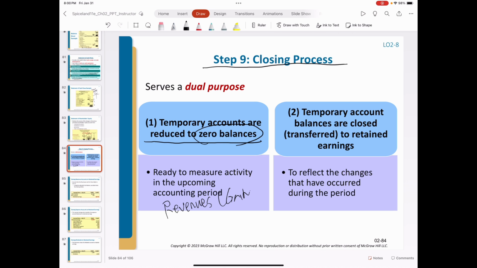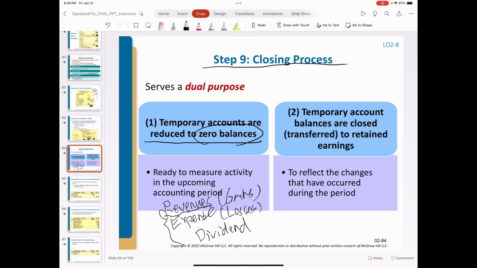If there are gains, they are also temporary accounts. Expenses are temporary accounts. If there are losses, they are also temporary accounts. The last one is dividends, if there are any. So these are the 3 temporary accounts we should close. We change their balance to 0.